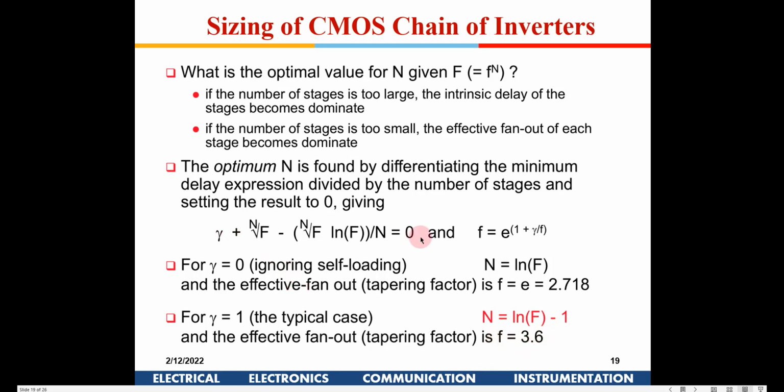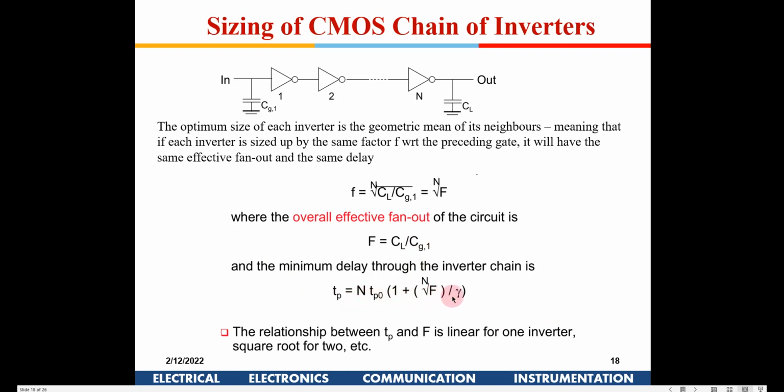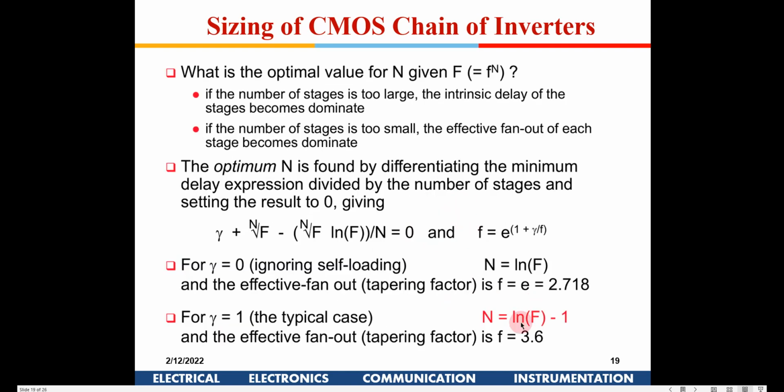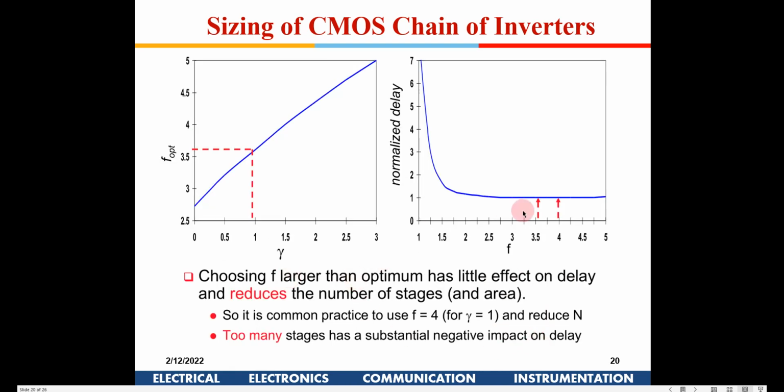That means for a small f of 3.6, the delay will be almost minimum.